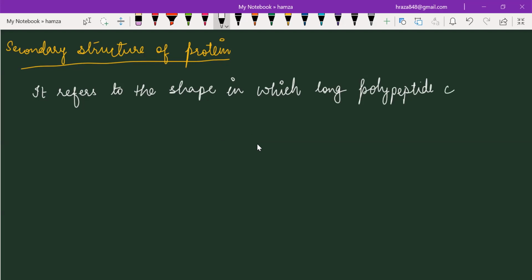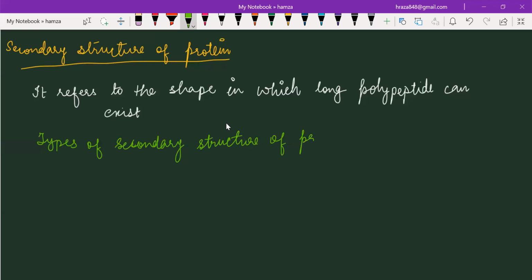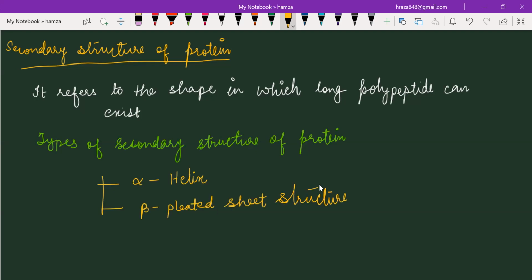Secondary structure of protein. So it is basically alpha helix. I'll show you the structure also. And beta plated sheet structure. Then it will come about the tertiary and then quaternary.